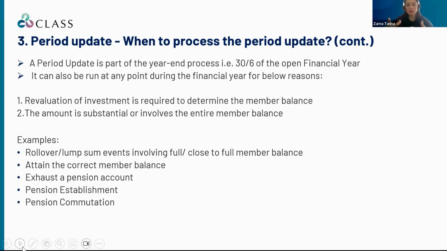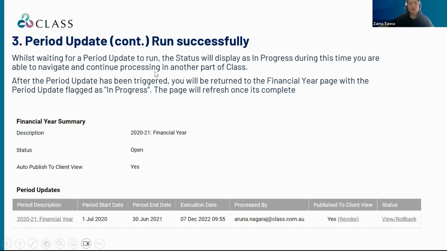So either you can run a period update up to 30 June, it may also be required during the financial year, depending on your fund circumstances. When you run a period update, to know if it's run successfully, the status will show as view or rollback. This means a period update was run successfully.